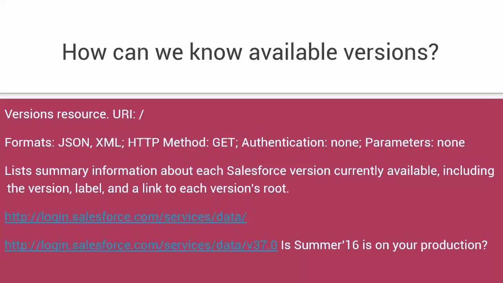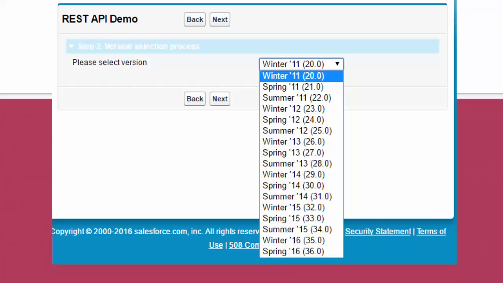You can see the two URLs. The first one retrieves all the versions, and the second one checks if there is a Summer 16 release on your production. In my demo application, it looks like this. You can make the request, and you can see the whole list of versions as a drop-down pick list.